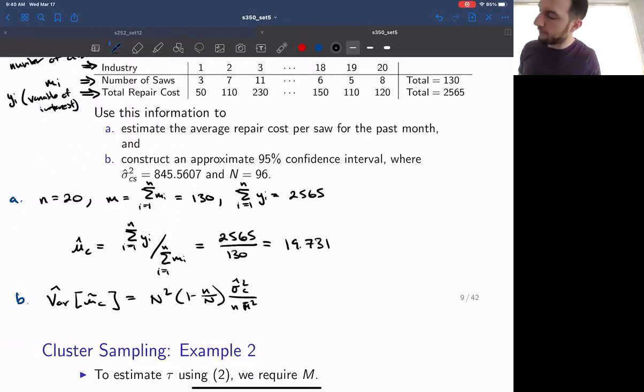For the finite population correction, we're going to have 1 minus 20 over 96. It's pretty obvious that this is going to have to be applied because that's certainly not going to be larger than 0.95.